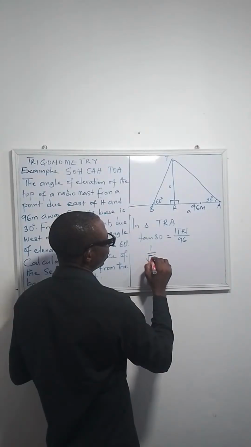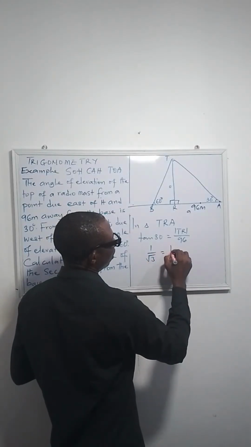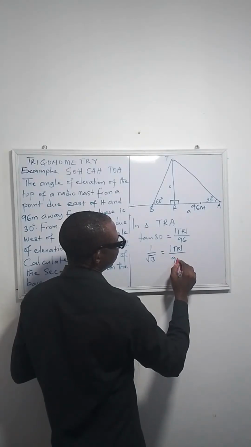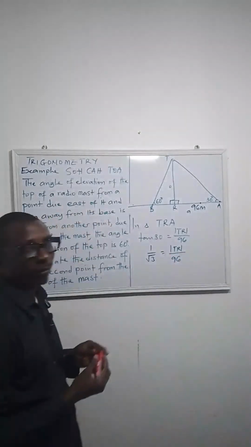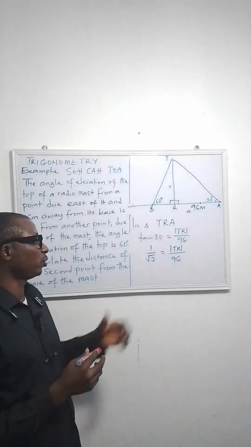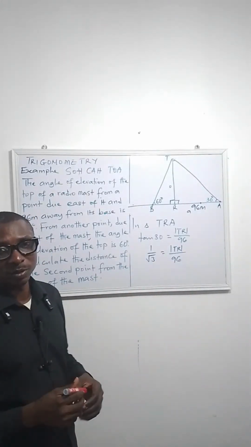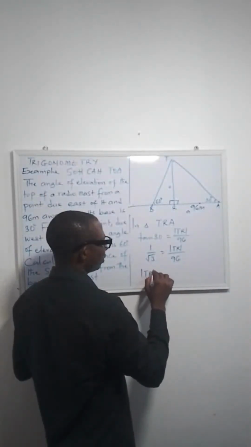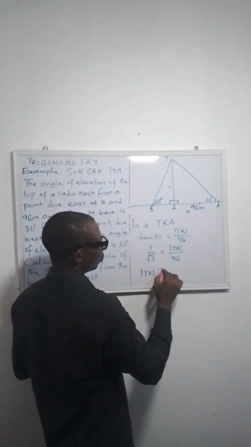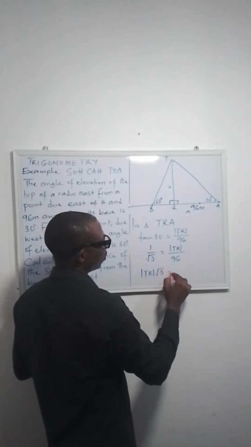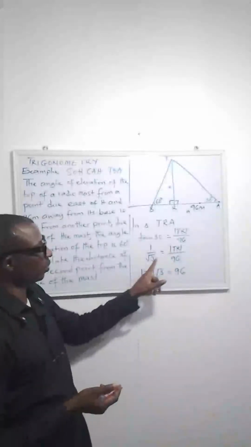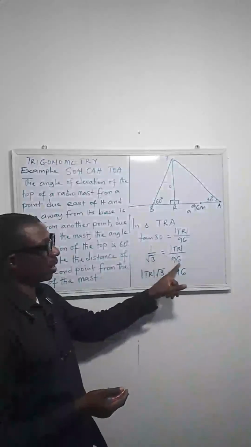1 over square root of 3 equals TR over 96. So what do you do from here? You cross multiply. So you have TR times square root of 3 equals 96. This multiplies this, and this multiplies this.